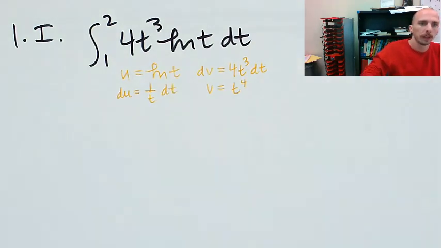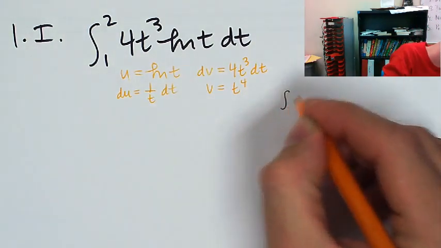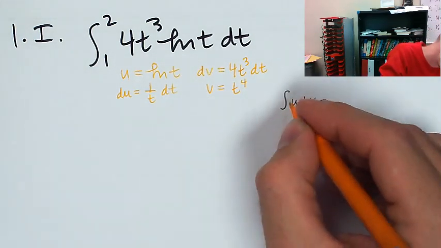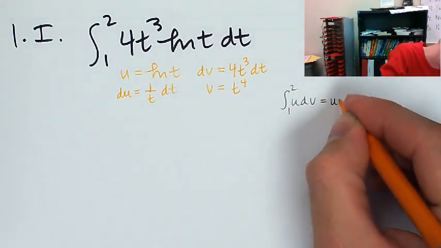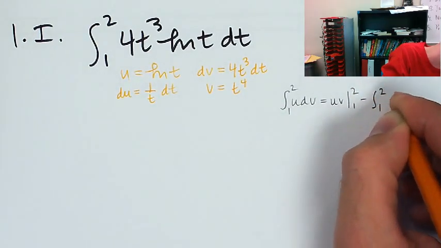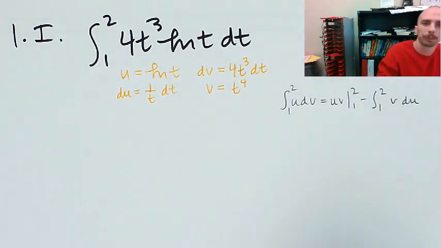Now using the integral of u dv from 1 to 2 equaling u times v from 1 to 2 minus the integral from 1 to 2 of v du.